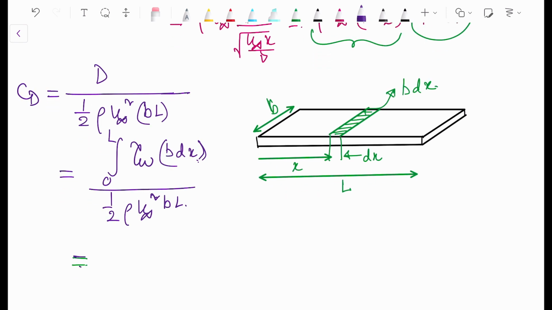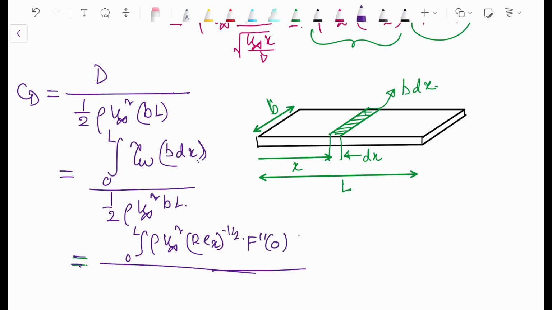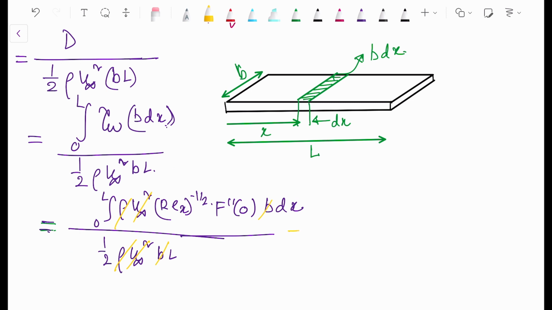So let us have that from 0 to l, rho u infinity square Rex to the power minus half f double dash 0 b dx, by half rho u infinity square bl. So rho u infinity square cancels out, b cancels out.